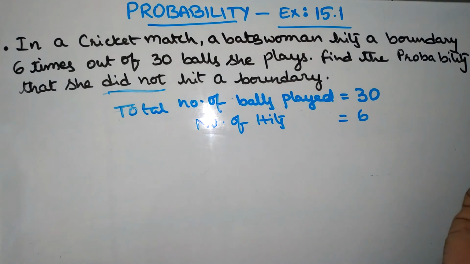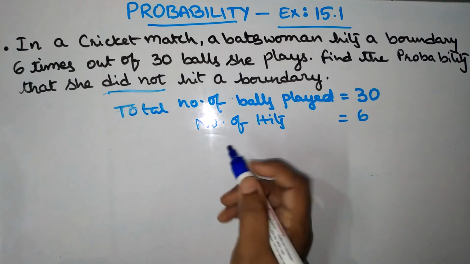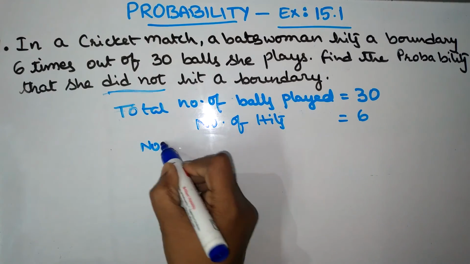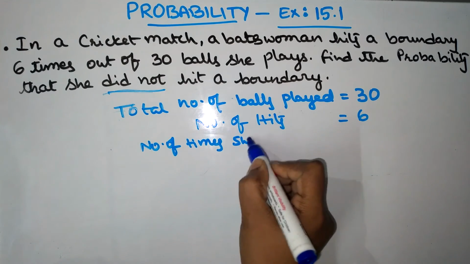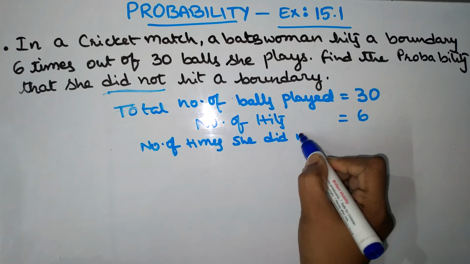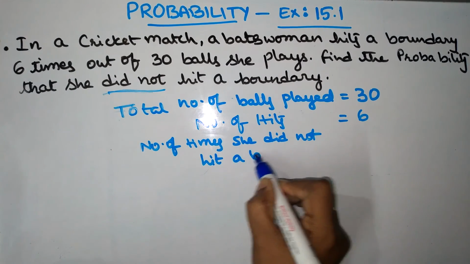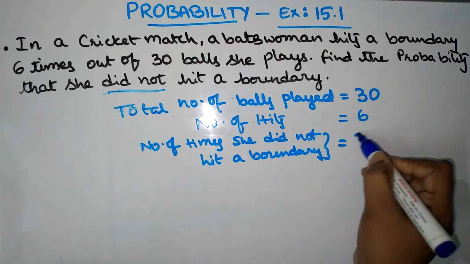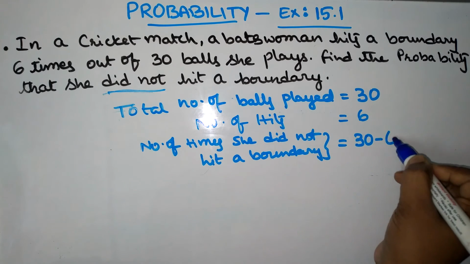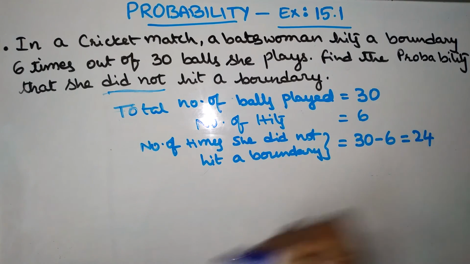And how many balls did she miss to hit a boundary? That we can easily find. That means the number of times she did not hit a boundary is equal to total minus number of hits, that equals 30 minus 6 equals 24.